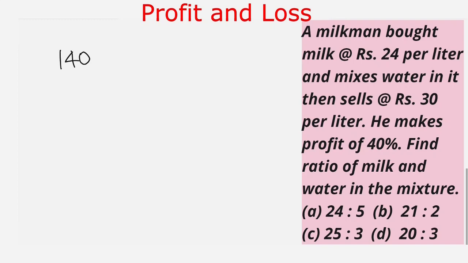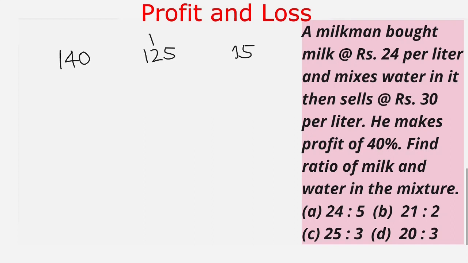So the selling price is 125% of the cost price, or we can say that the value of milk is for 125 liters. So we write 125 as the value for milk. Then 140 minus 125 is the value for water which he mixed.